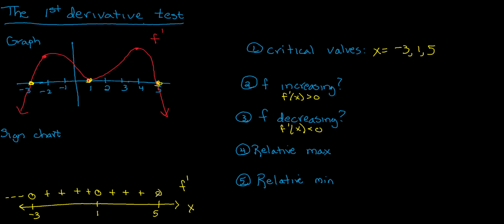And then I go up and around, I hit 5, it's 0 again, and then we're going to be negative. So what's going on? If I were to try to draw the behavior of f, and again, this is really a rough estimate, I'm going downhill, so negative slope means I'm going downhill. I hit a flat spot. Now I'm going uphill. I'm going to hit a flat spot, and then I'm going to go uphill again, hit a flat spot, and go down.